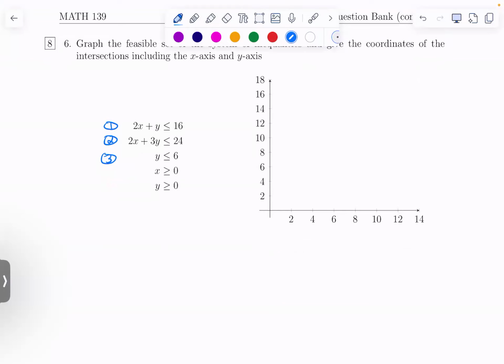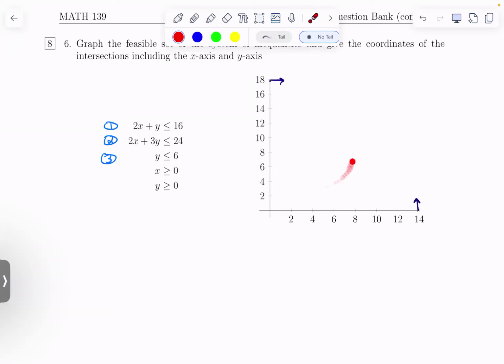X has to be greater than 0, so I have to be on this side of the y-axis, and y has to be greater than 0, so I have to be on this side of the x-axis.